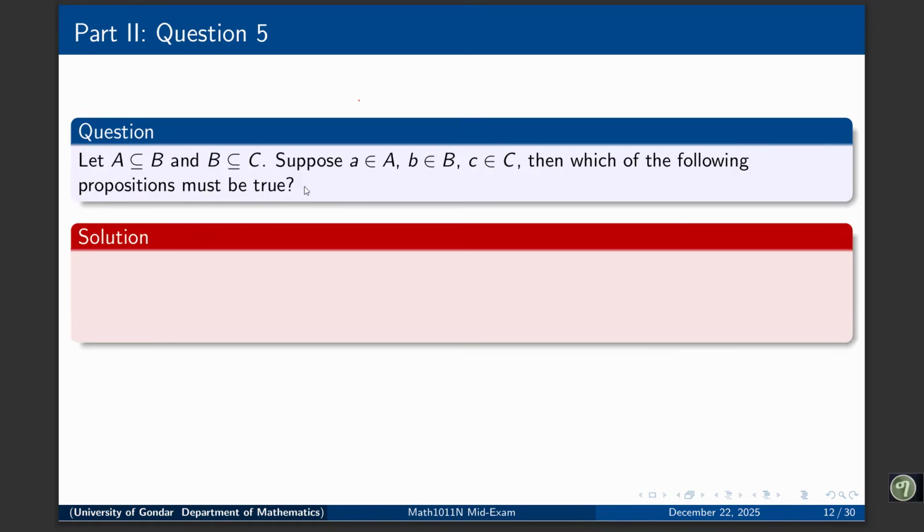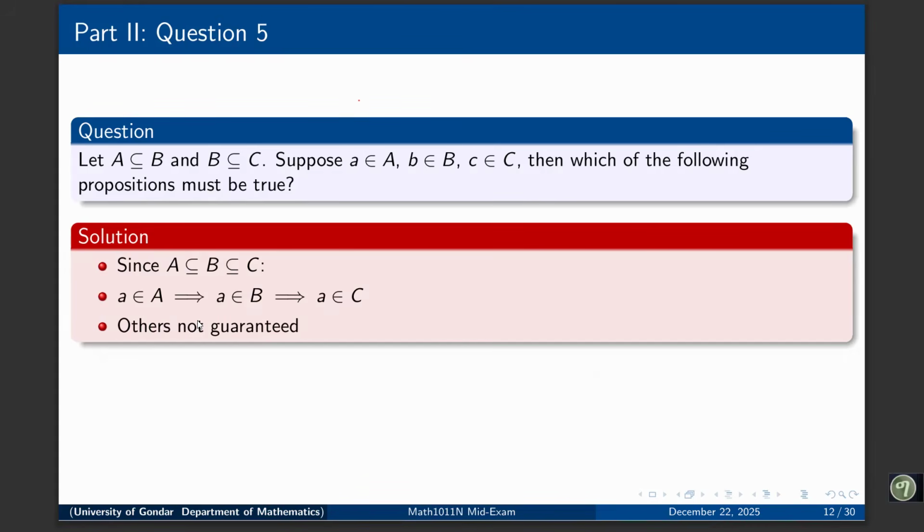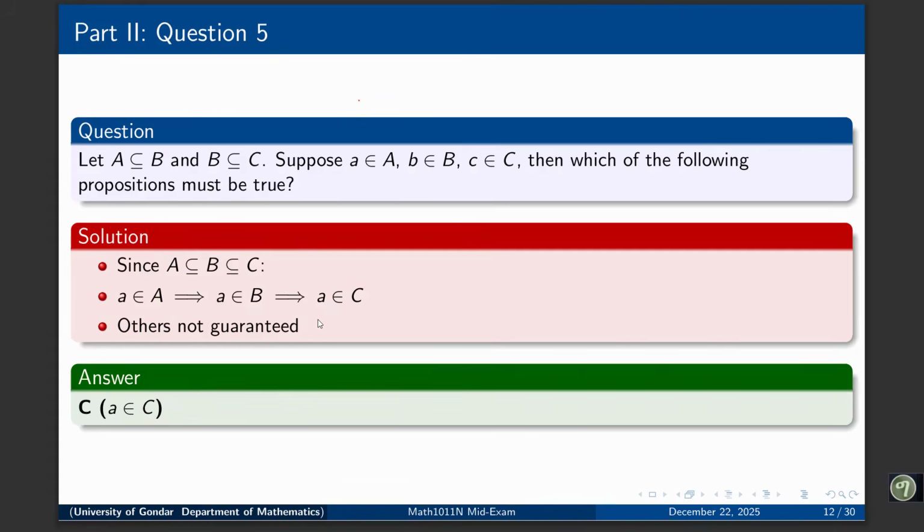So when we see the options, if a is an element of A, this implies a is an element of B, and a is also an element of C. The other alternatives are not guaranteed and cannot be satisfied. Therefore, the only option that must be true is that a is an element of C.